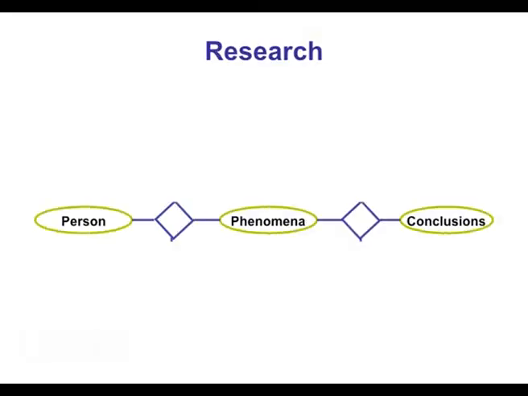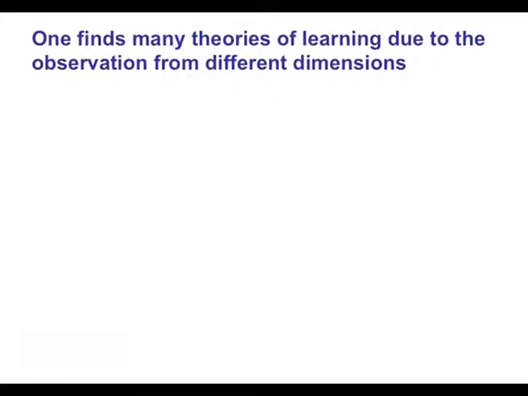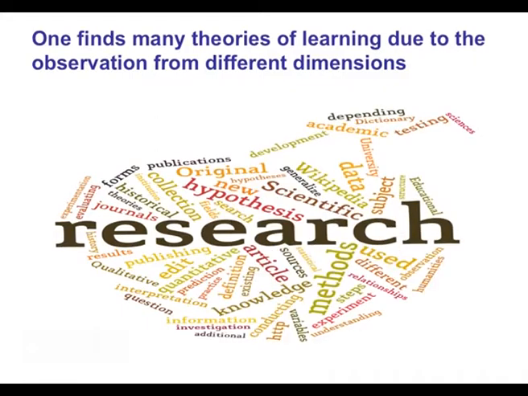This is very clear by the following. Observe the flow diagram. Thus, research means to observe the phenomena again and again from different dimensions. For example, one finds many theories of learning due to the observation from different dimensions.